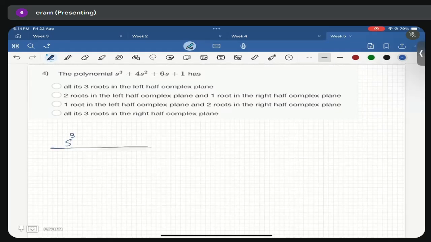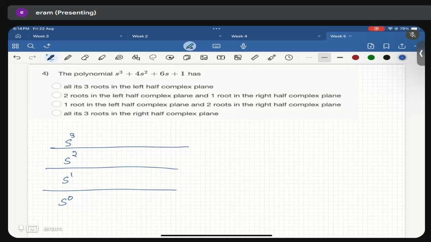We can write s cube, s square, s1 and s0. We have 1, 6, then 4, 1. So this will be 24 minus 1 by 4, and then 0, and the last will be 1. This is a positive number, no need to calculate.